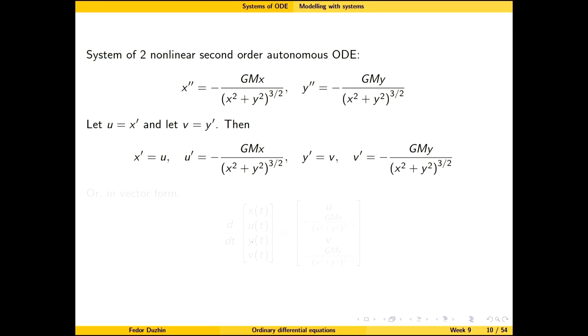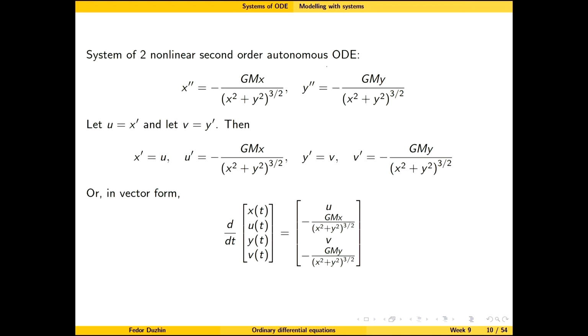If u is x prime, then x double prime is actually u prime, and if v is y prime, then v prime is y double prime. So we replace x double prime with u prime and y double prime with v prime here. The reason is to change our system of second-order equations to a system of first-order equations.